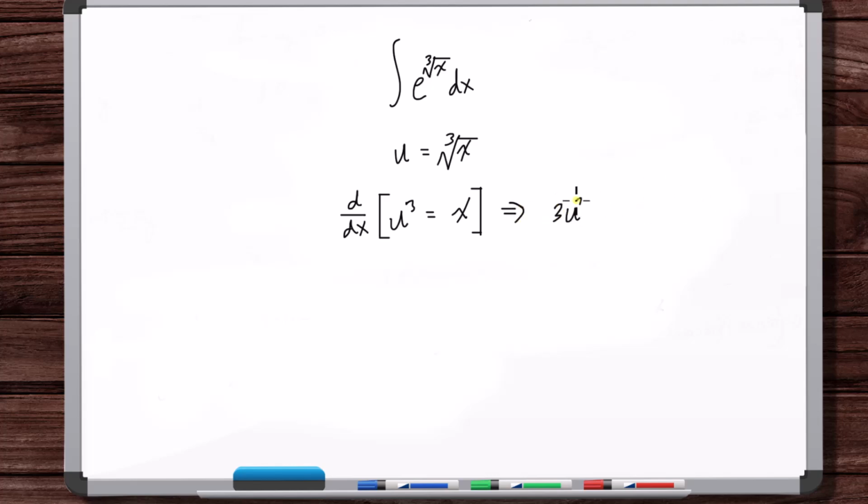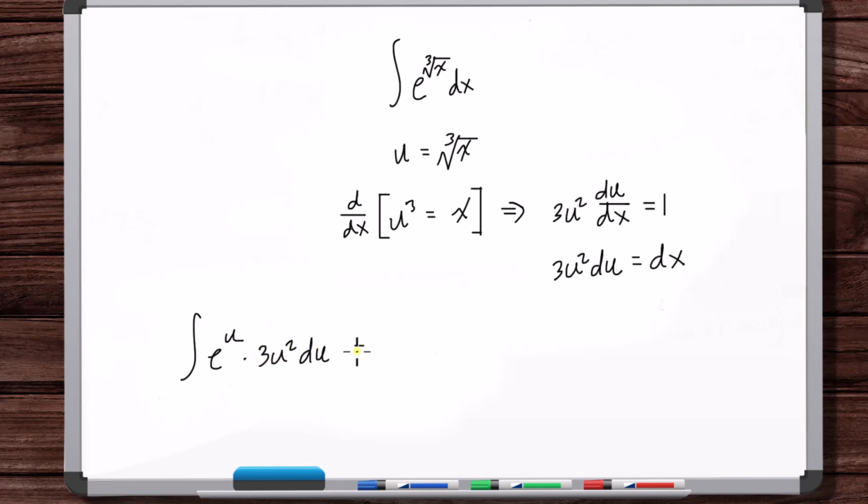So 3u squared du/dx is equal to 1. So 3u squared du, after the substitution, all we have left is dx. So let's solve for dx. So now what we've got is e to the u times 3u squared du. So 3u squared e to the u du.